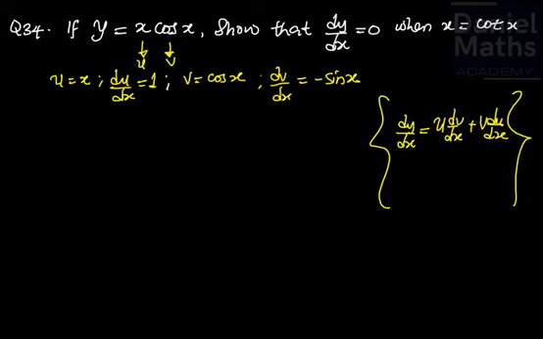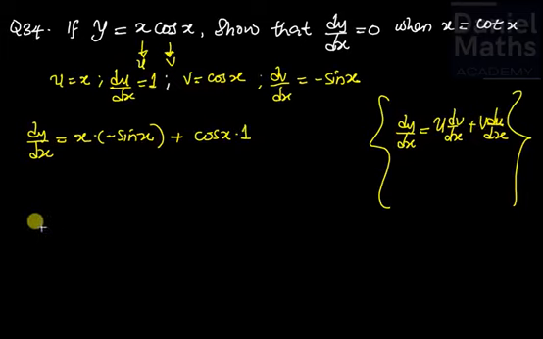Now we're going to plug all of this into our equation. So I will finally have that dy upon dx will give me my u is x, so x times my dv upon dx is minus sine x, plus now my v is cos x times du upon dx, that is 1.